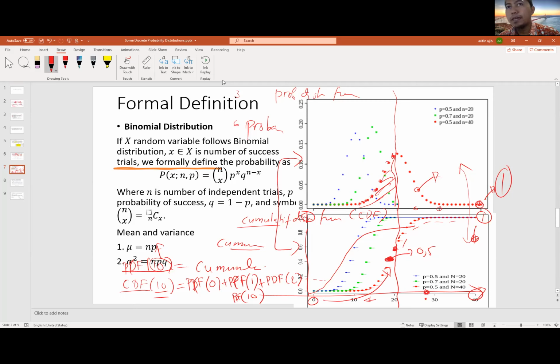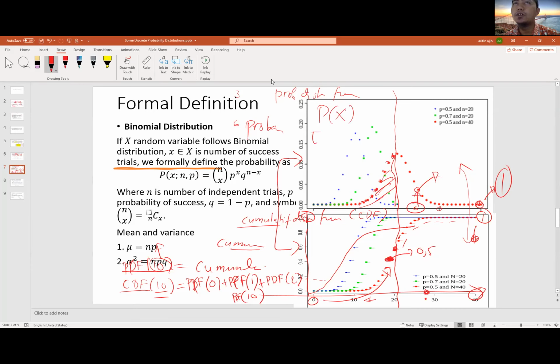So again, to make it clearer: when you talk about the PDF of X, actually we are only computing the probability at this point.